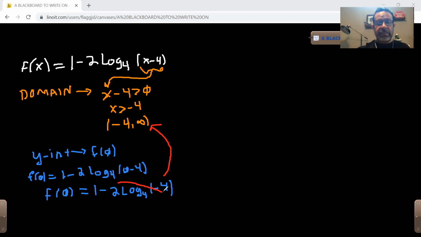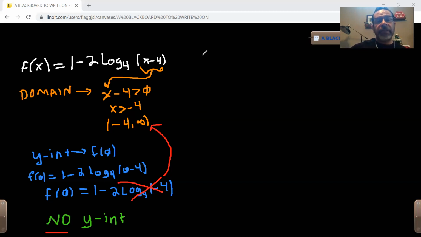So what does that mean? There are no y-intercepts. That means that somehow this function is not crossing the y-axis.